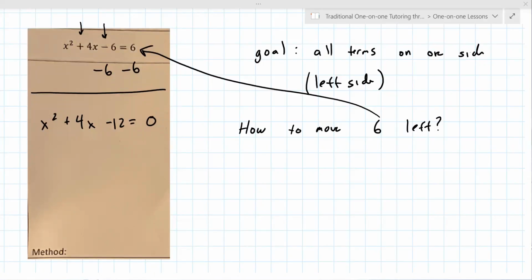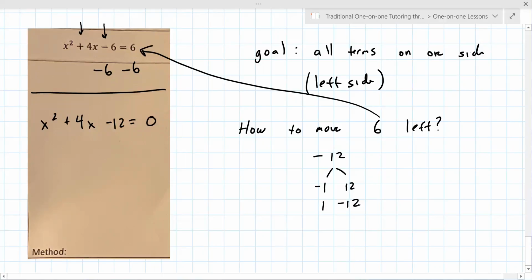Great. So now let's look at the factors of minus 12. I'm going to write them over here to the right. For example, -1 times 12 works, and 1 times -12 works. Do you see that -1 times 12 gets you back to the -12?